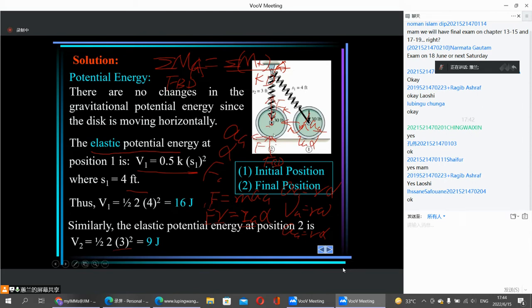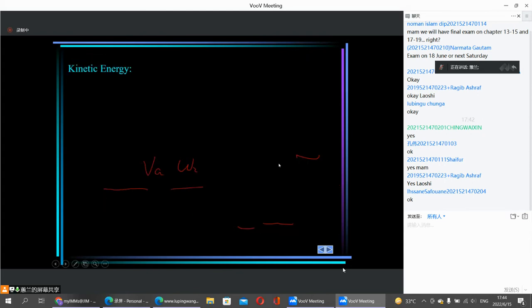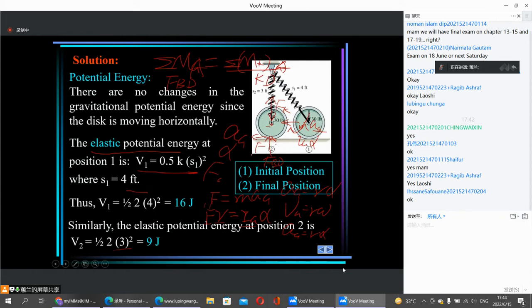Because in the vertical position, all the forces pass through the IC. When you calculate the moment about IC, the friction force passes through the IC, the normal force passes through the IC, the weight passes through the IC, and the kinetic force passes through the IC.